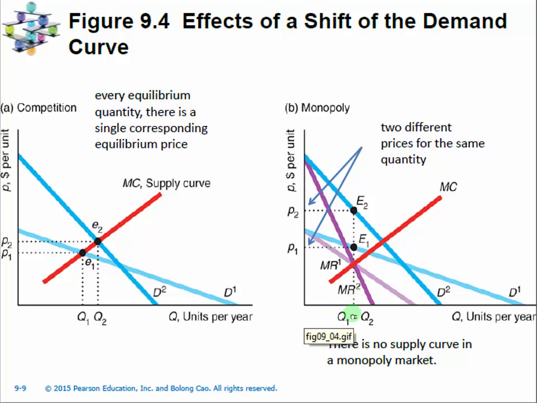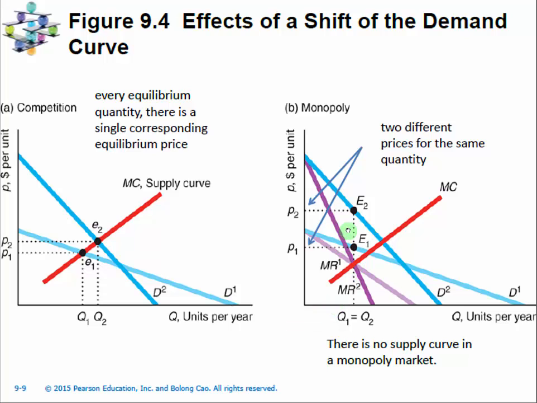When you project this quantity onto the D2 demand curve, you have a higher price. So that gives us a higher price in the market, but simply the same quantity produced in the monopoly market.